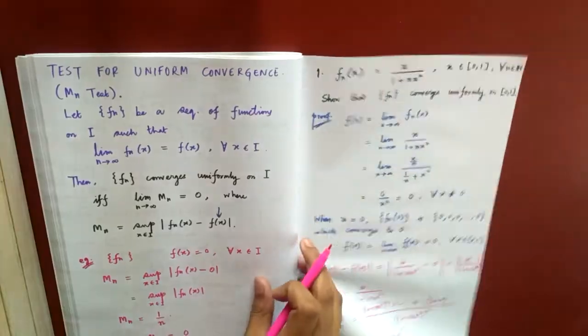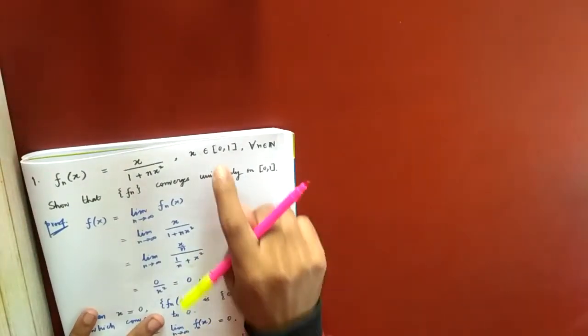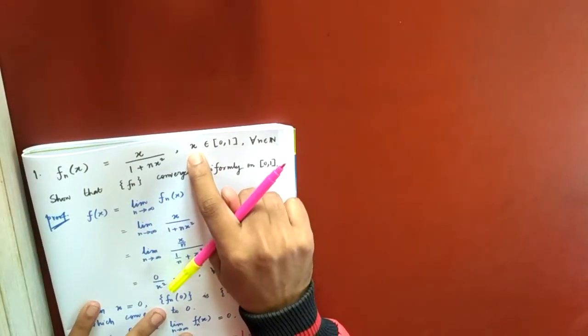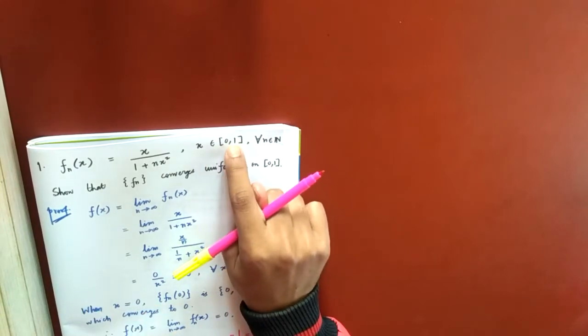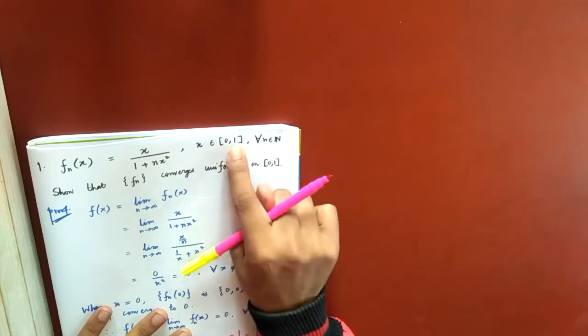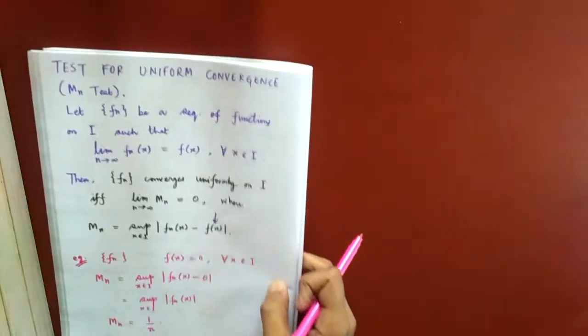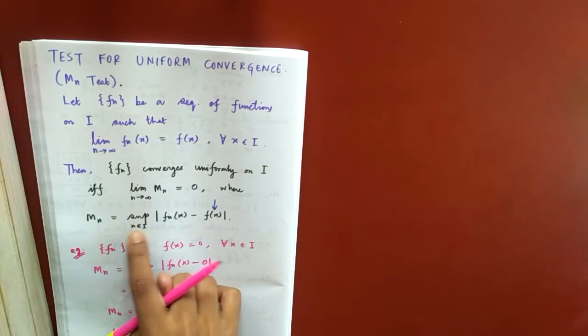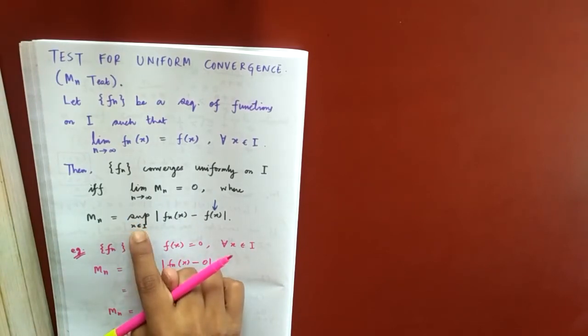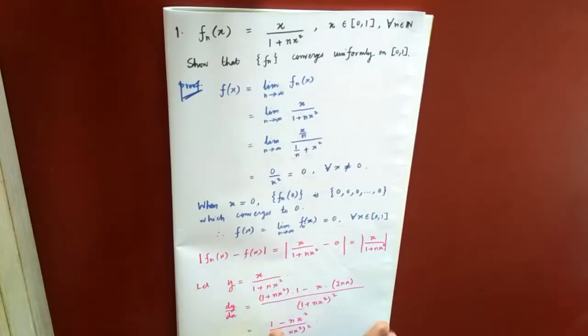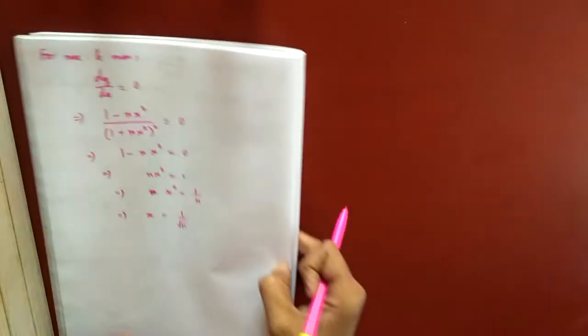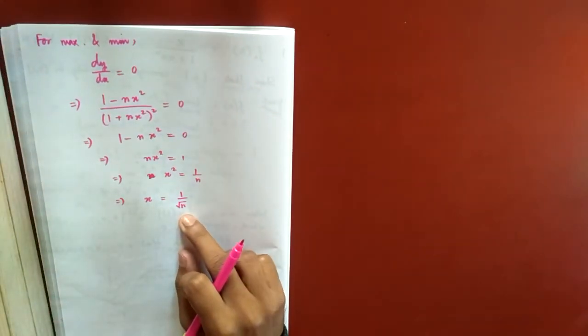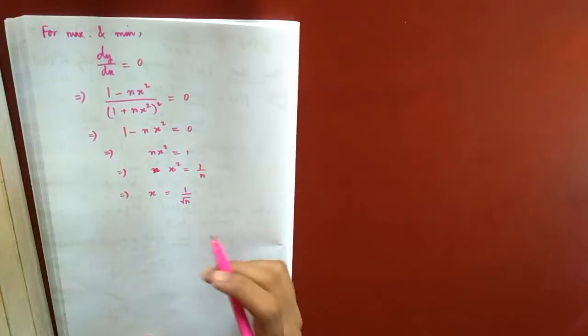It can be minus also, but I will not take the minus one because look at the interval. The interval is [0, 1]. My x should be in this interval. If I take x as minus 1 by root n, this will not lie in the interval. Don't forget that I have to find the maximum value where x should be from the closed interval [0, 1].